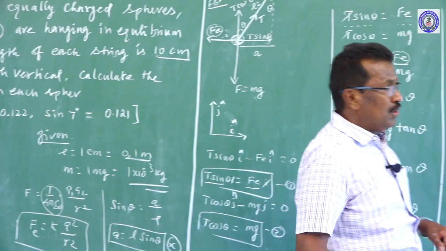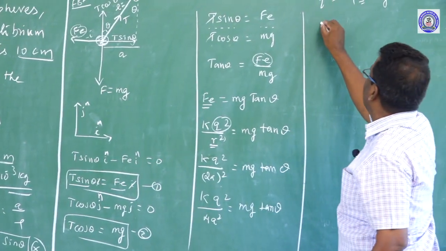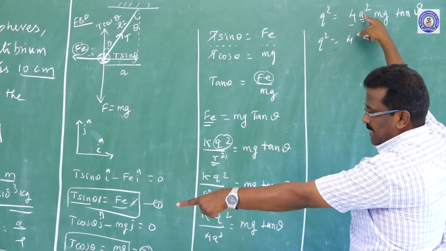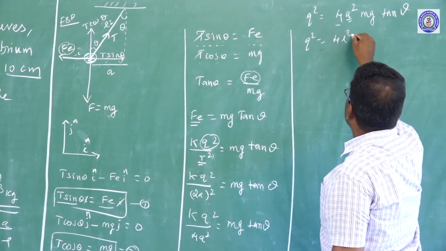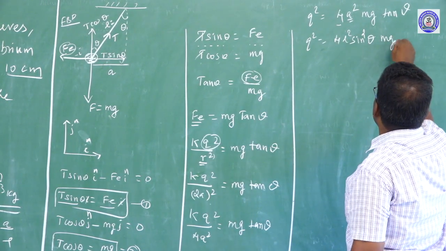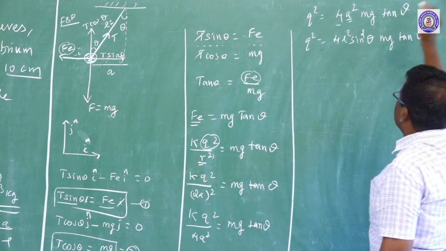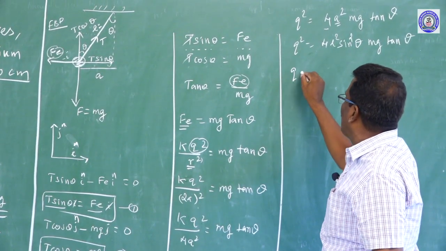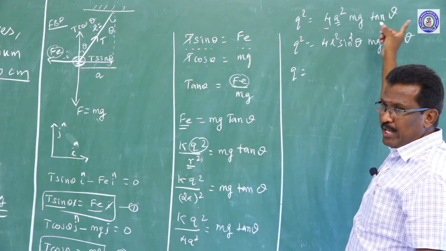Substitute there: Q square is equal to 4 L square sin square theta mg tan theta by K. So we need only Q. So Q is equal to, you take the square root.